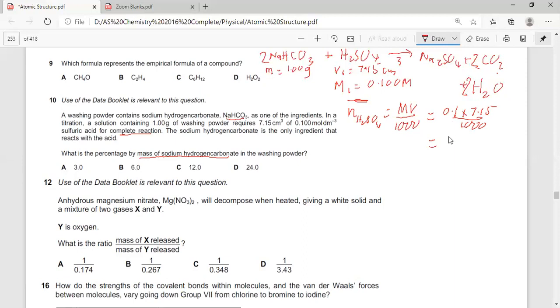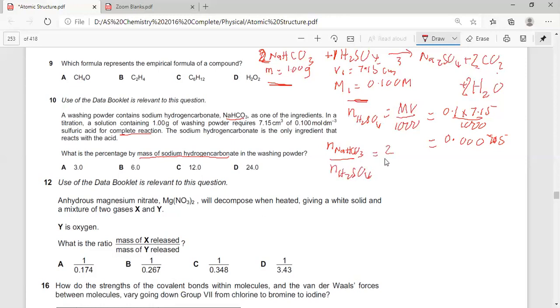The answer, watch out, is 0.00715. I'm going to put it in this form. Now you want to find the number of moles of this one here. So 2:1, isn't it? What's the number of moles of sodium hydrogen carbonate over the number of moles of H2SO4?